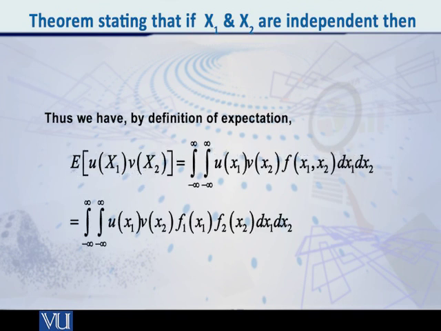By definition of expectation, we can write the expected value of u(x1) into v(x2) is equal to the double integral from minus infinity to infinity for both integrals of u(x1) into v(x2) into f of x1, x2, and of course the integration is being carried out with respect to x1 and x2.